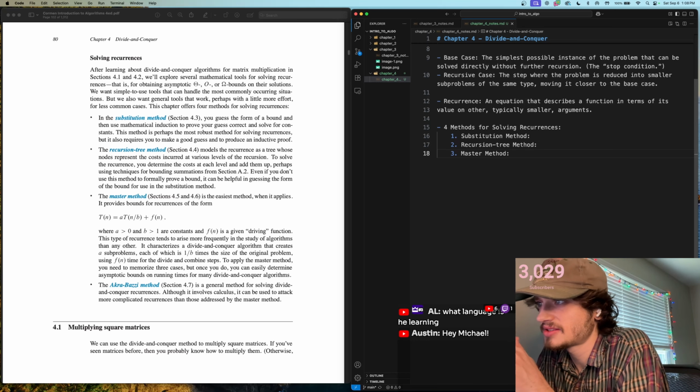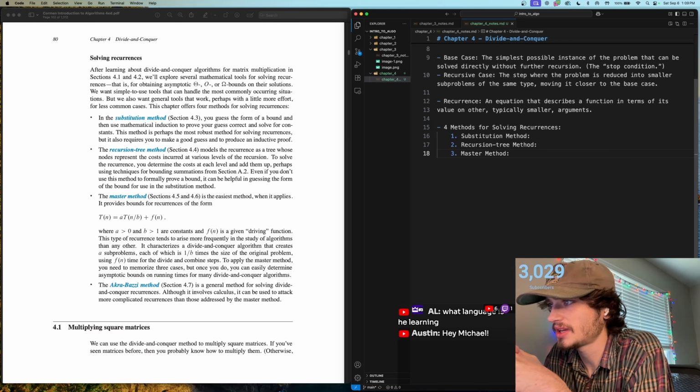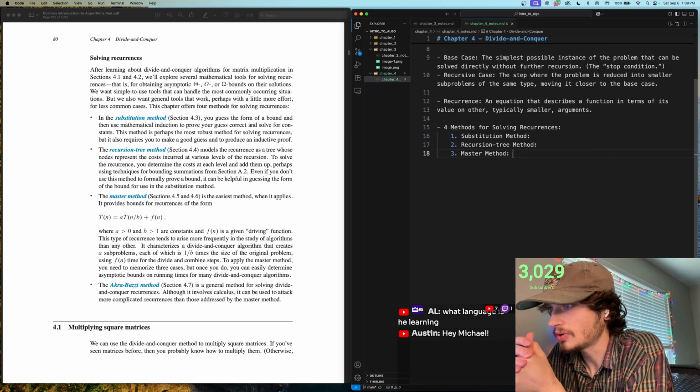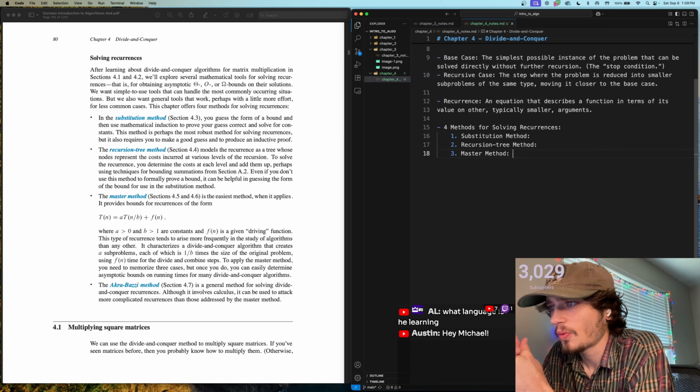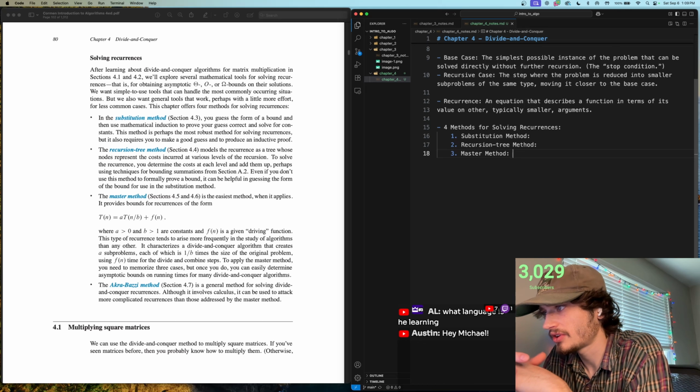The master method, sections 4.5 and 4.6, is the easiest method when it applies. It provides bounds for recurrences of the form T(n) = aT(n/b) + f(n), where a > 0 and b > 1 are constants, and f(n) is a given driving function.